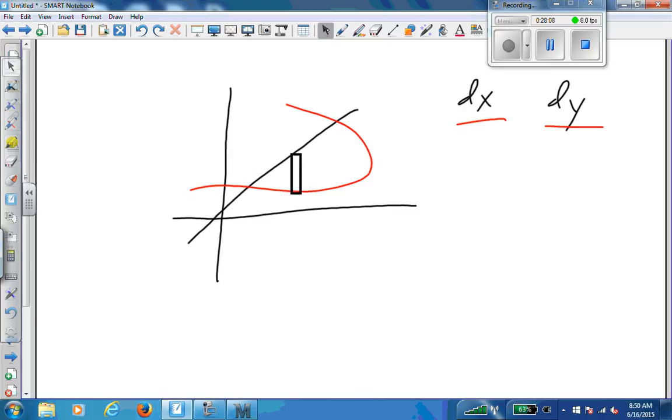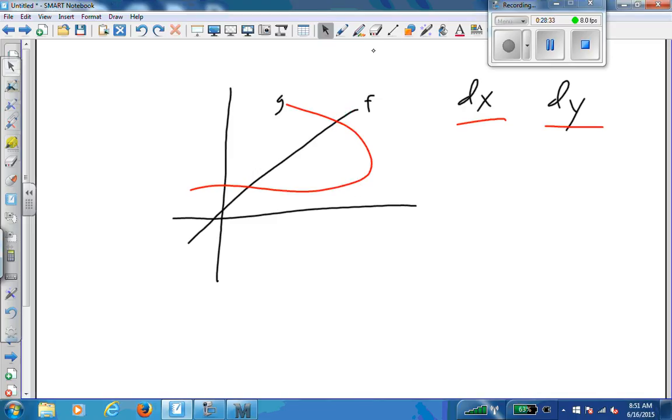So notice here, I'm just going to randomly call these F and G for now. F is on top, G is on bottom. But notice if we come over here and draw our vertical rectangle, the top and bottom would touch the same function. So we don't need to integrate with respect to x.